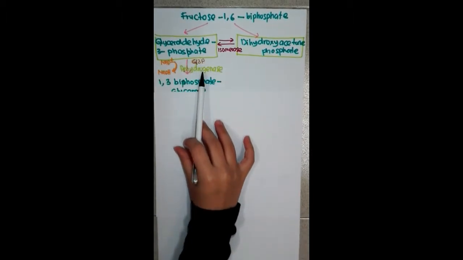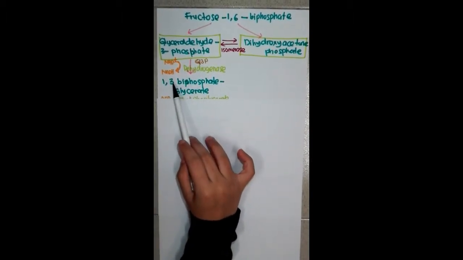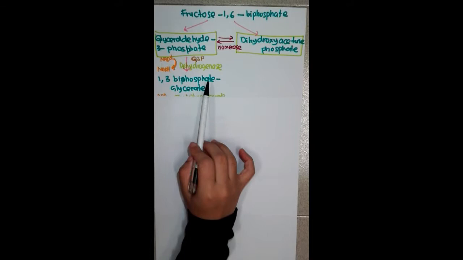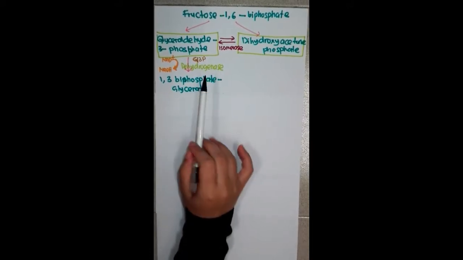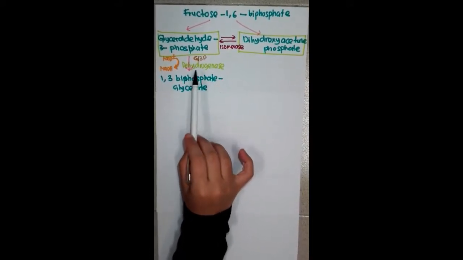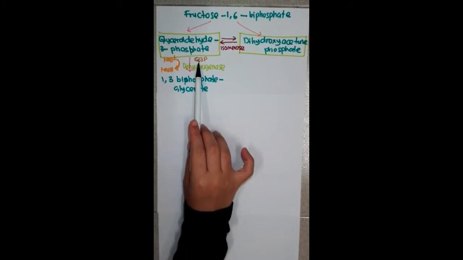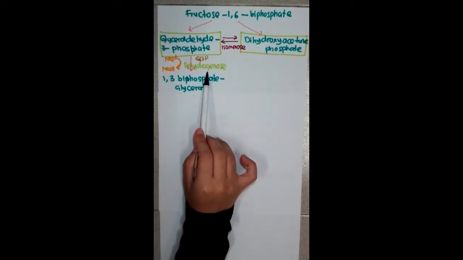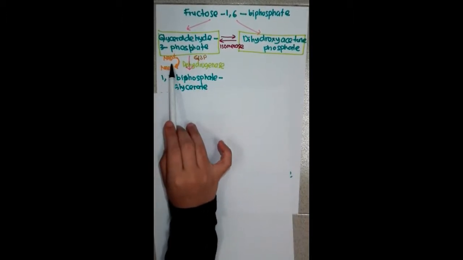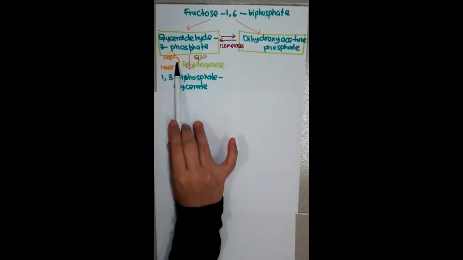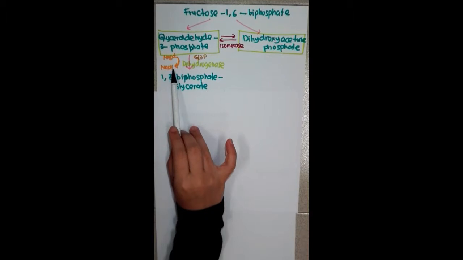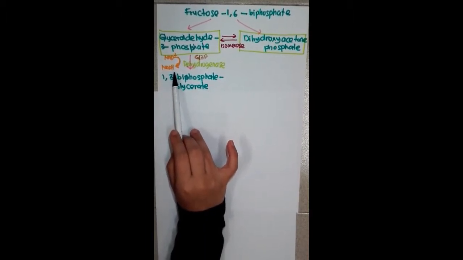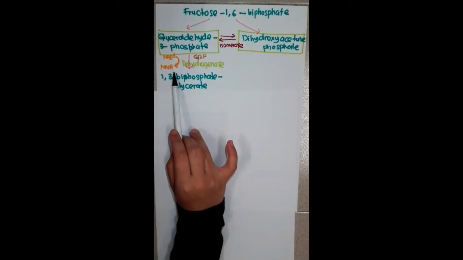Glyceraldehyde 3-phosphate will produce 1,3-biphosphoglycerate. This reaction is catalyzed by the enzyme glyceraldehyde 3-phosphate dehydrogenase. NAD is reduced to NADH, which is further utilized in the ETC to produce more energy.